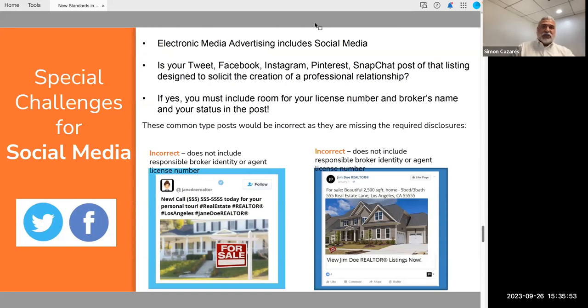As long as it has your license number or something that says Keller Williams or your DRE license, then you would be considered within compliance. Even though this is not your listing, you can still conduct it. Obviously, you don't want to showcase that this is your listing. There has to be something in there that says that this information is provided by the MLS, or you have permission from the listing agent to promote someone else's listing.